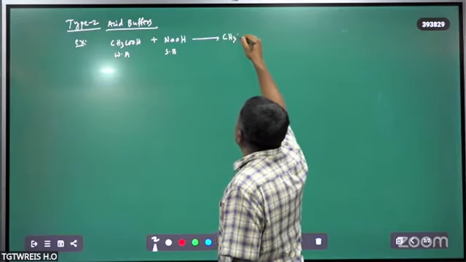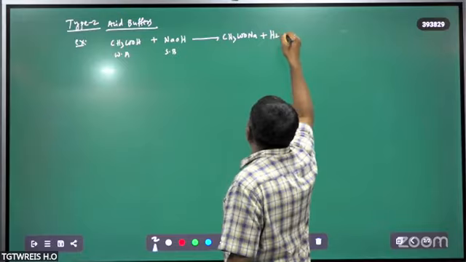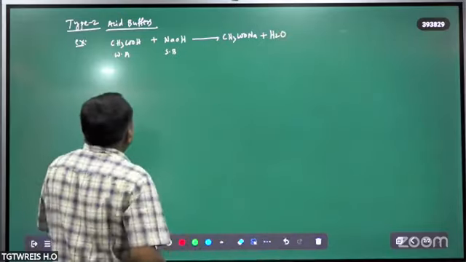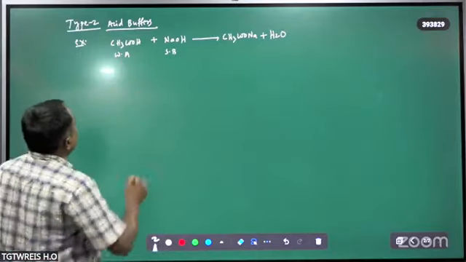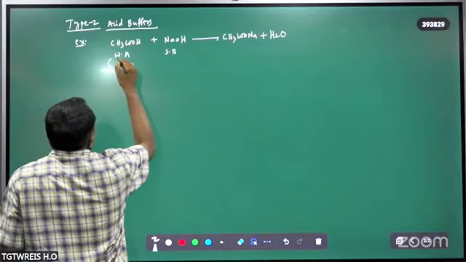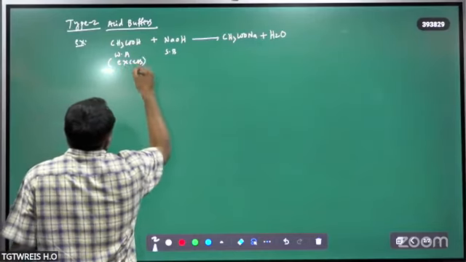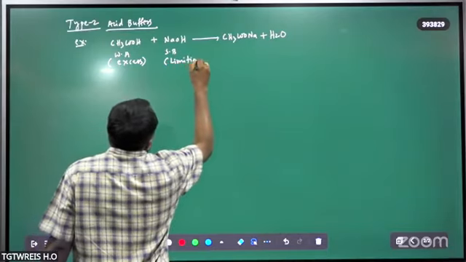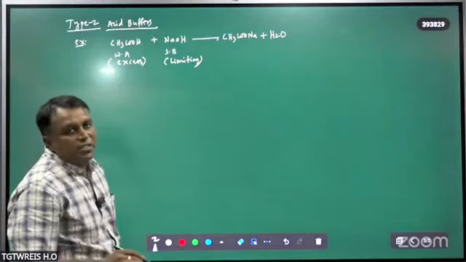We get CH3COONa plus water. Now, in order to act as an acidic buffer, you must take the acid in excess and the NaOH as the limiting reagent.